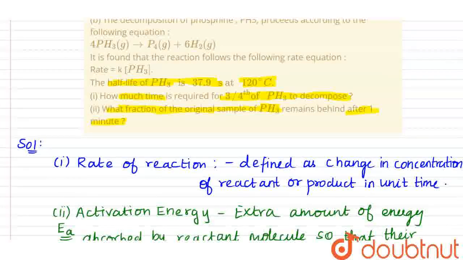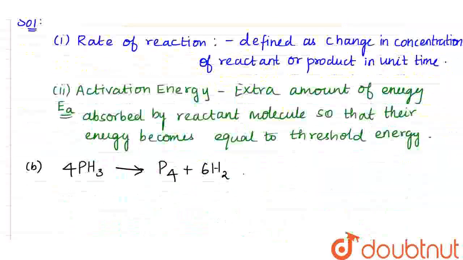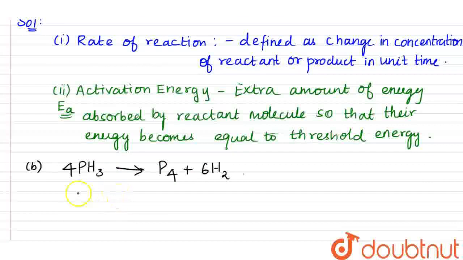For this reaction we have to find two things. One is how much time is required for 3/4 of phosphine to decompose, and the other is what will be the fraction of the sample of phosphine that remains behind after 1 minute. Okay, so let us discuss it one by one.